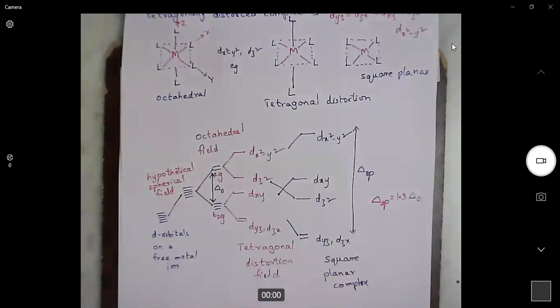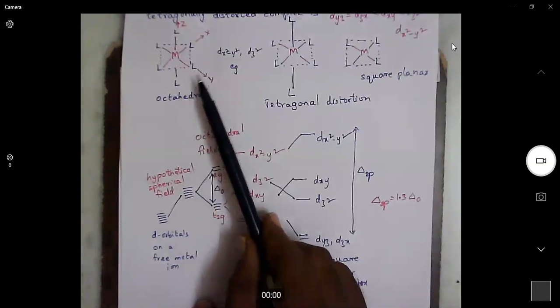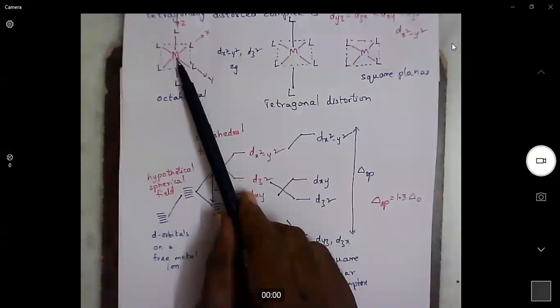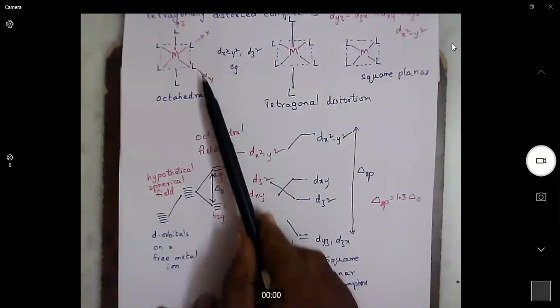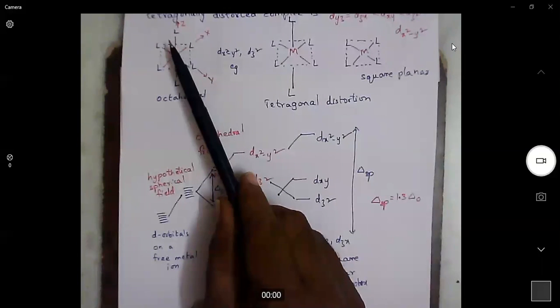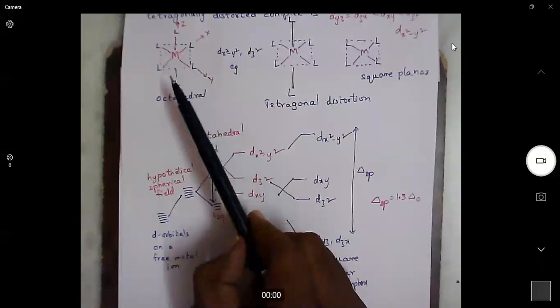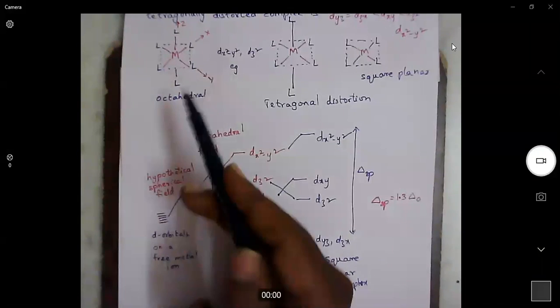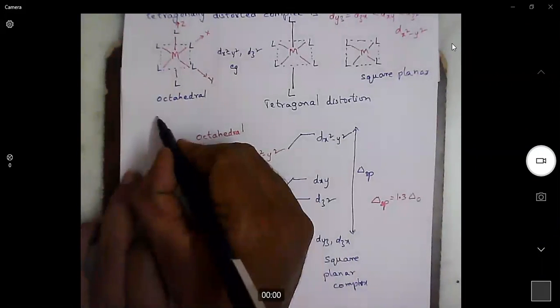We were discussing crystal field theory. In an octahedral complex, all the ligands will approach the central metal along the axis. So the orbitals which lie along the axis, dx square y square and dz square, will experience greater repulsion.